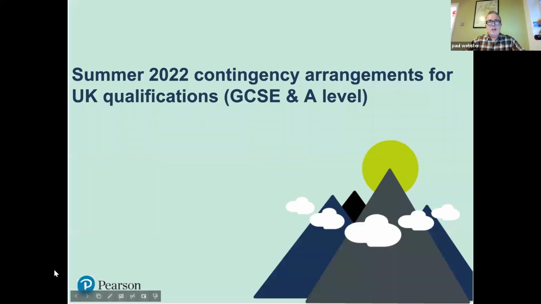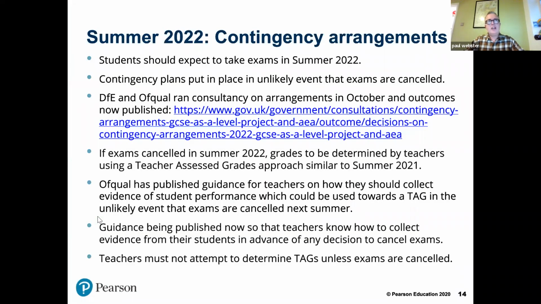Okay, so let's move on. We've talked about the advanced information, and now this section is about contingency arrangements. Based on what's been happening in the UK this week, with the potential that the Plan B COVID arrangements are being scrapped from next Thursday, and students wearing masks within centres is going, it looks very likely that exams will go ahead in summer 22.